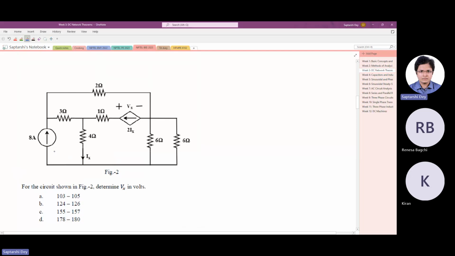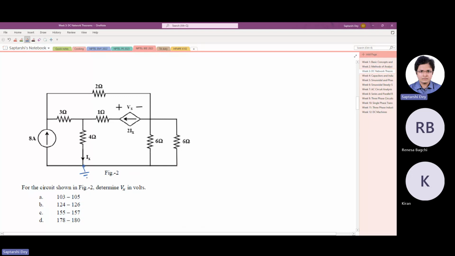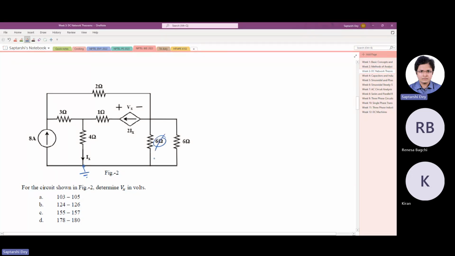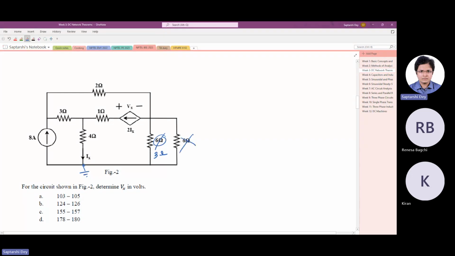So let us take a ground first. Say I am taking this as ground, 0 volt. Again, we will take this as 3 ohm, and this is not existing. Now, if this is 0 volt, we don't know this current. We know this current.